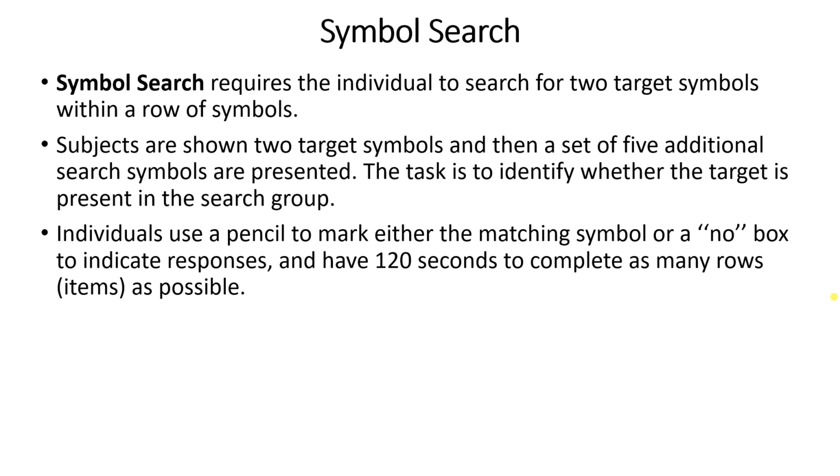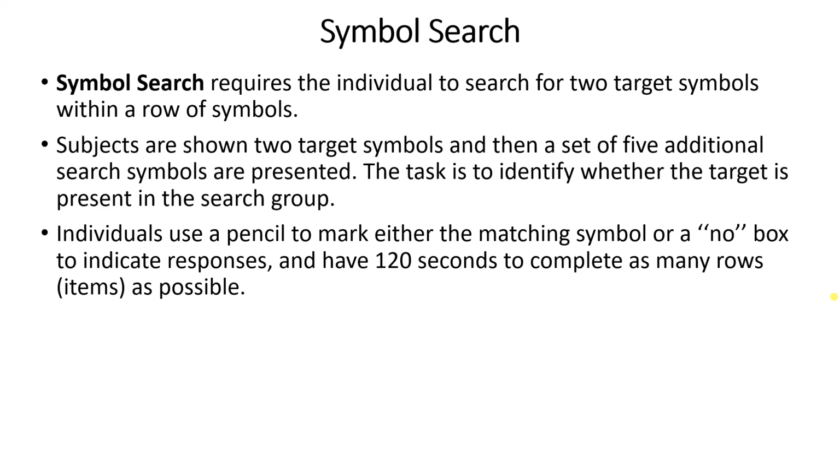In this test, the participants are presented with two target symbols within a row of symbols, followed by a set of 5 additional search symbols, and the task is to identify whether the target symbols are present in the search group or not.